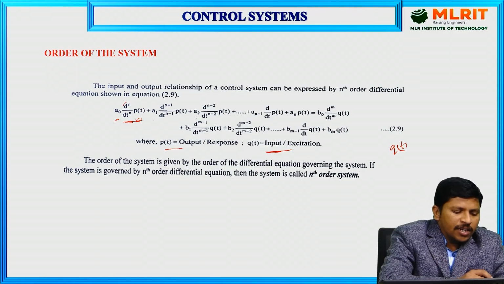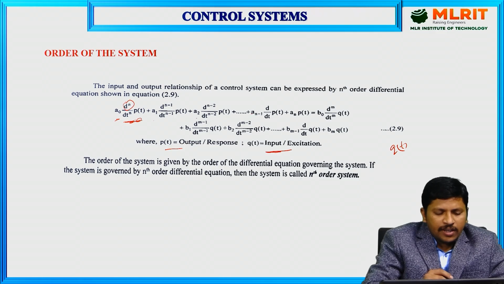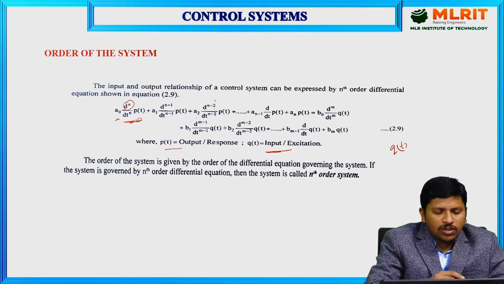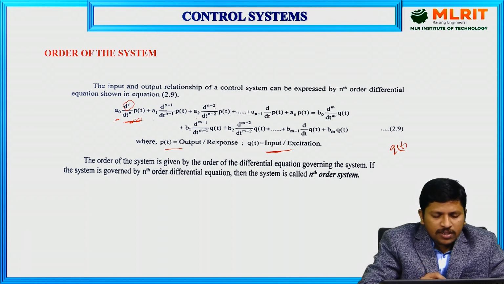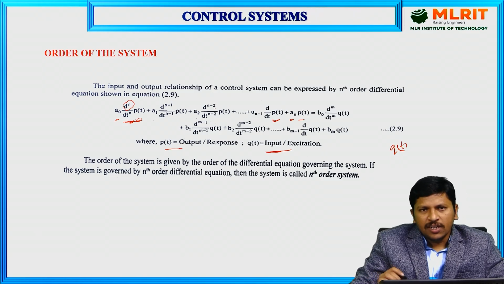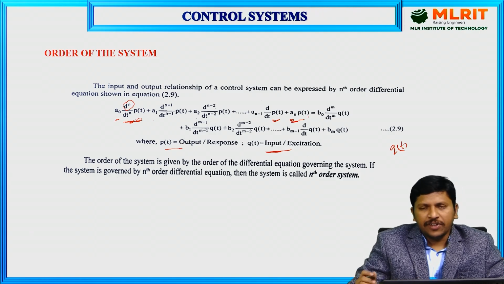Next come the n minus 1 terms, n minus 2, n minus 3 and so on, down to n minus n, which is directly 0. So the last term is d power of 0 by dt power of 0, which is 1, giving directly an into p of t.